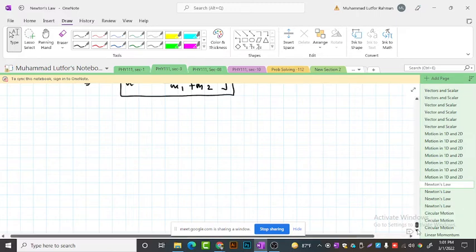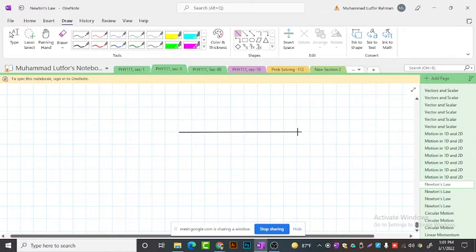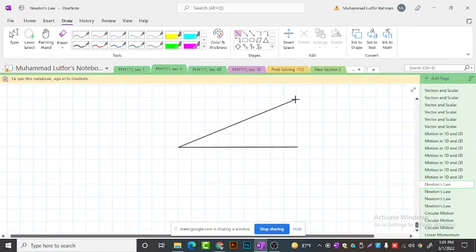Alright, now let's apply this idea to an inclined plane. I'm going to combine an inclined plane with this pulley system. I have an inclined plane, still frictionless, which makes an angle of 35 degrees.